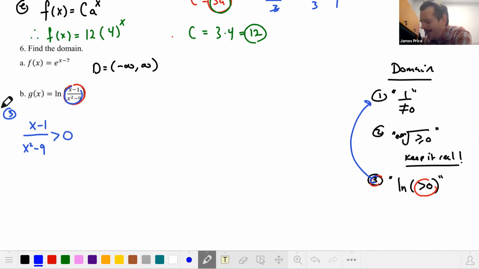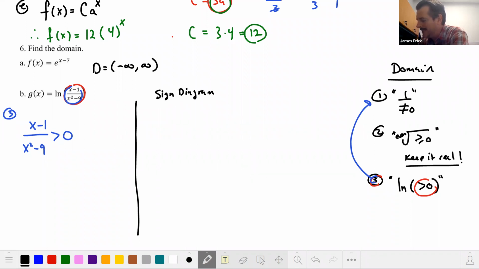All right, so now, how do we solve this rational inequality? Well, like we solve all rational inequalities, we simply make a sign diagram. And then in some sense, this is actually how you solve all inequalities besides linear. So you'll notice in this section, we didn't do exponential inequalities or logarithmic inequalities. And it's not that we don't have to do them.